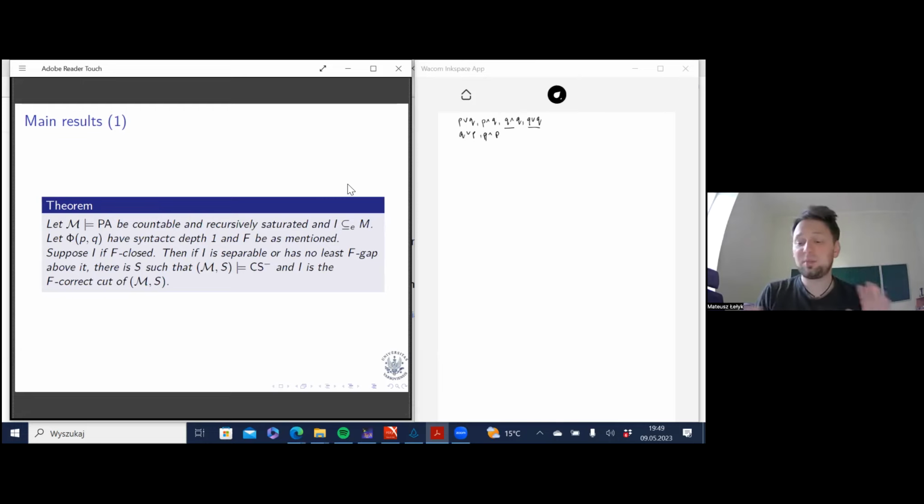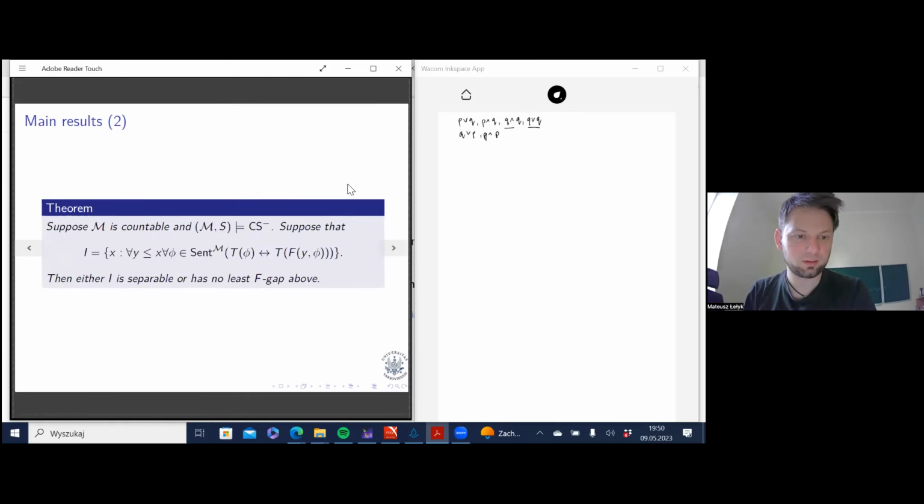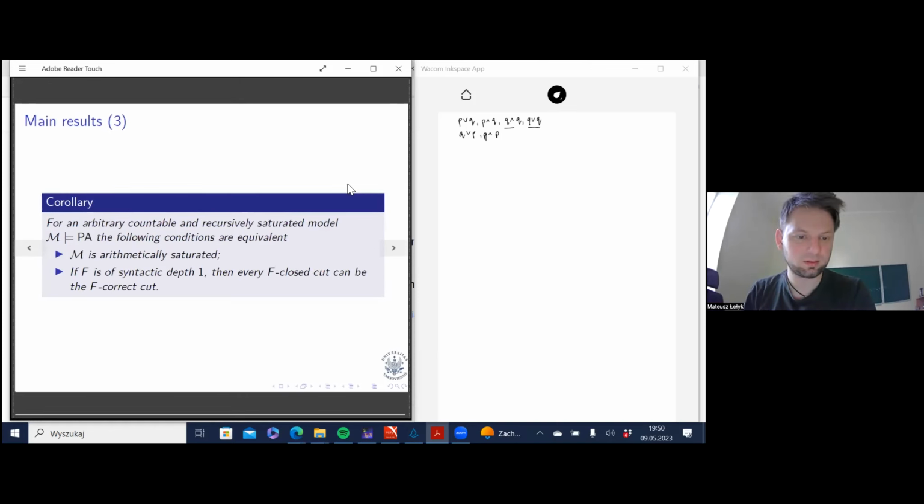Okay. So let me now sketch the proofs. So let me first talk about the proof of this theorem. Sorry, let's go back for a second. Right, to result 3, I think. So I think this is perhaps the goal, right?